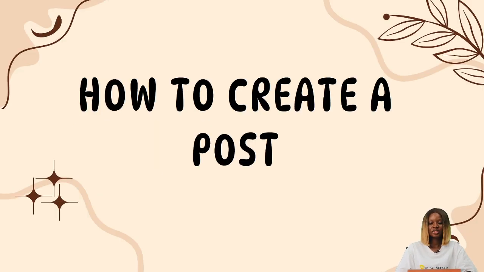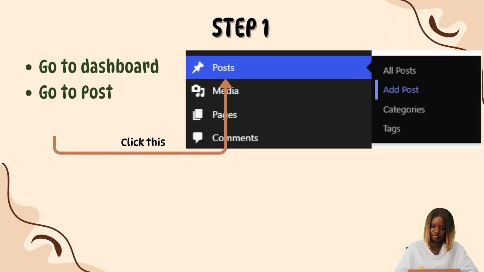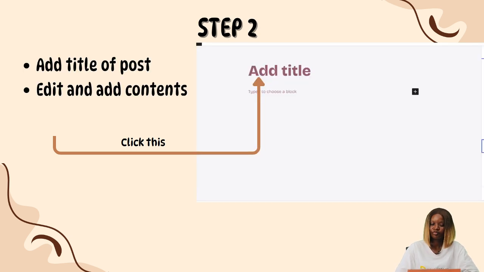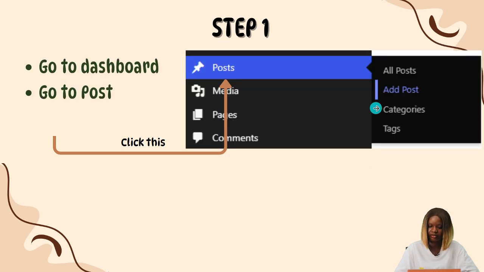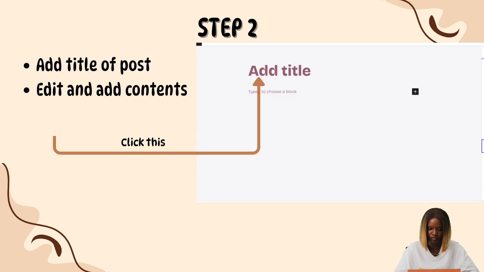So we're going to go over to how to create a post. So the first thing, you go to dashboard, you head over to your post on the dashboard. So when you've gone there, you click on add post. Then you add the title of your post, you edit and add content.